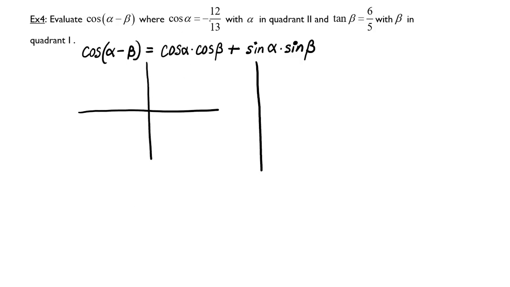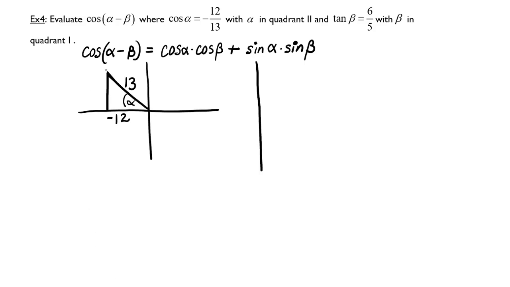Cosine of alpha is equal to negative 12 over 13 with alpha in quadrant 2. So we're going to sketch this over here in quadrant 2. Cosine of alpha in the second quadrant will be adjacent over hypotenuse, and so adjacent is 12, hypotenuse is 13, and we need a negative sign, so clearly that's going to be attached to the 12, not the 13.